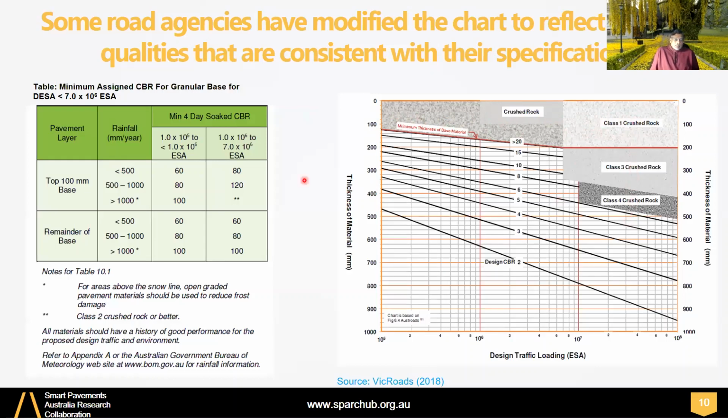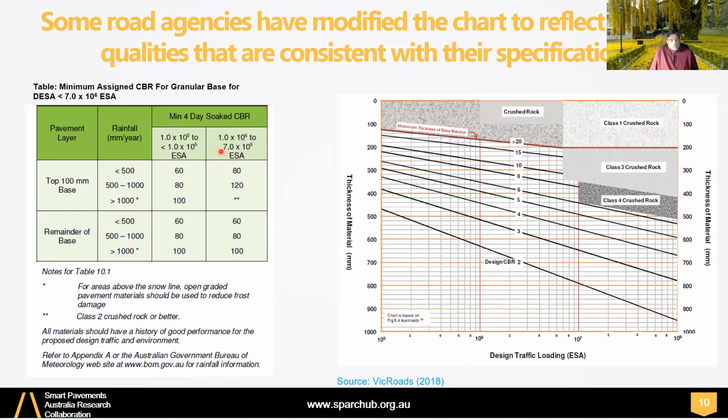In addition, they also have a consideration for the climate in the pavement area. So rainfall is used in this instance for the top 100 millimeters and the remainder of the base. So if the rainfall is less than 500, and depending on the traffic level, if the traffic level is less than 1 million, you select 60 for this example.